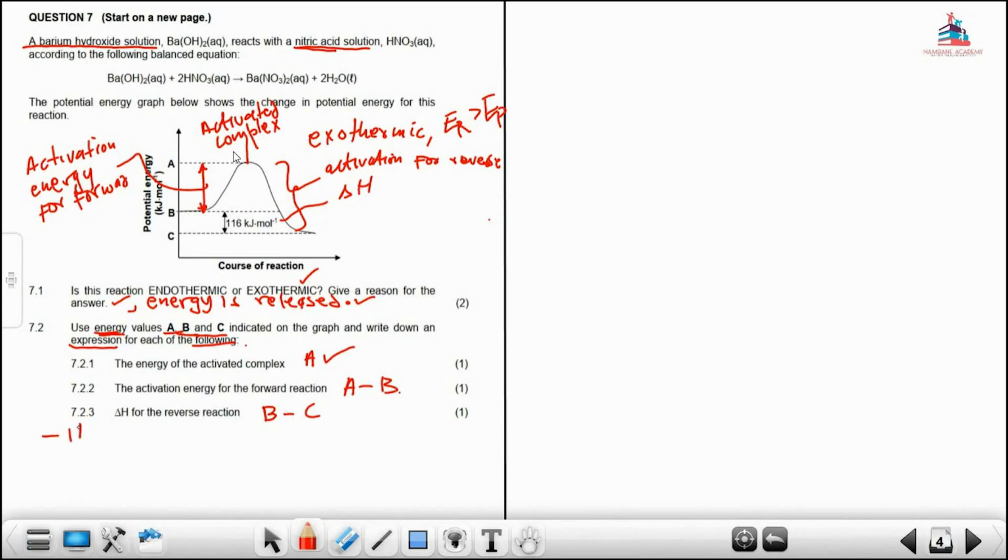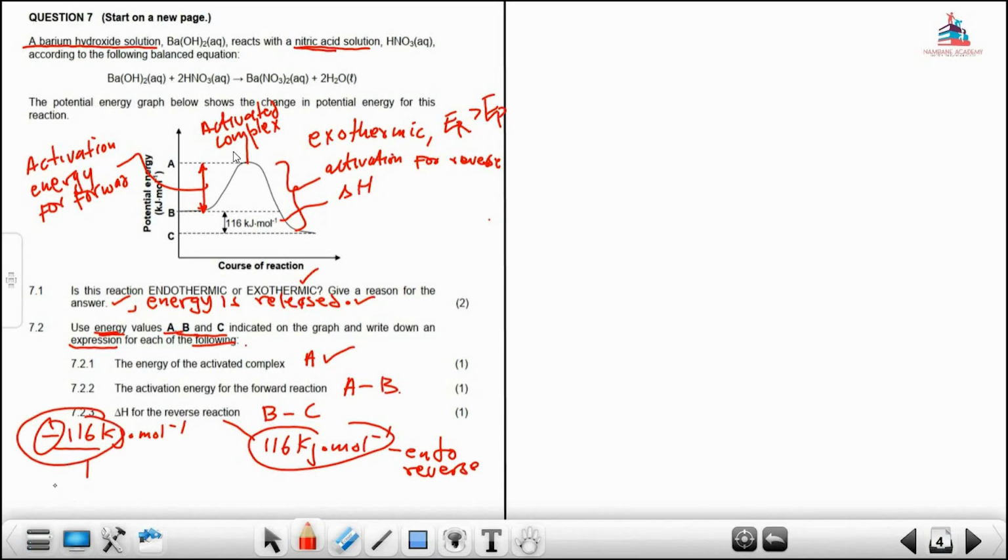The answer will be negative 116 kilojoules per mole, because we are dealing with an exothermic reaction. But for this one, it will just be 116 kilojoules per mole. So this will mean it is for the endothermic, which is the reverse. And this will be for the exothermic, which is the forward.